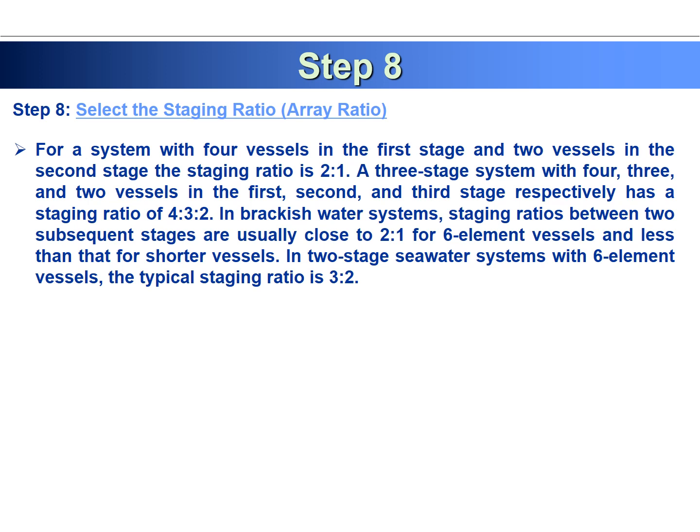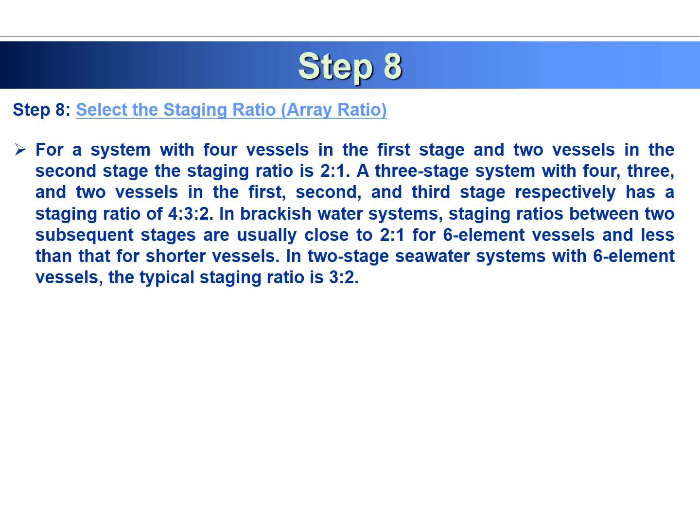For a system with 4 vessels in the first stage and 2 vessels in the second stage, the staging ratio is 2 to 1. A 3-stage system with 4, 3, and 2 vessels in the first, second, and third stage respectively has a staging ratio of 4:3:2.